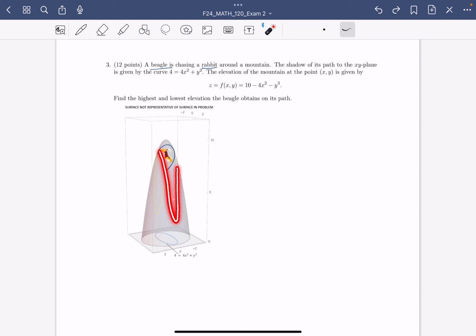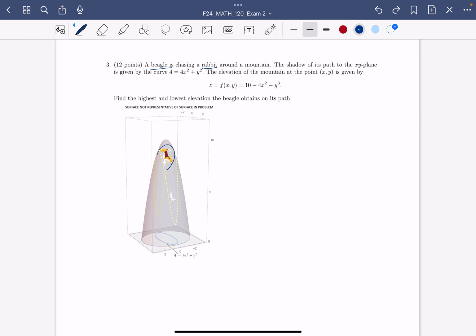You chase the rabbit over the mountain, and the shadow of the path on the xy plane is given by the curve right here, and the elevation of the mountain is given by this function. So find the highest and lowest elevation. Okay.